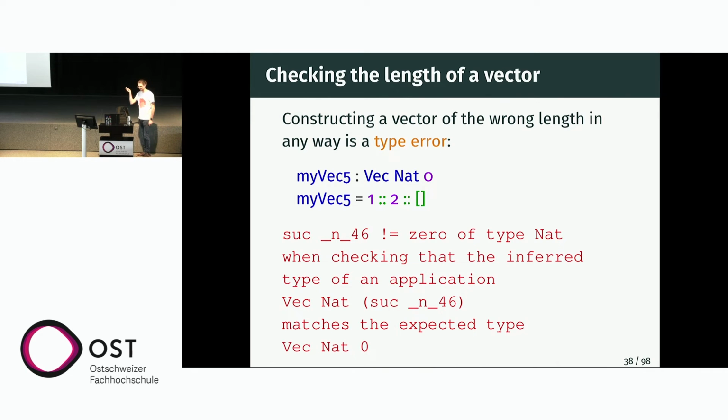And then if you use the wrong length, you will get a type error, right? This is the whole point, that this is statically enforced, that you're not using something of the wrong length. In this example, you will see the error messages are not always the best in Agda, I have to admit. But in this case, Agda says successor of something is not equal to 0.